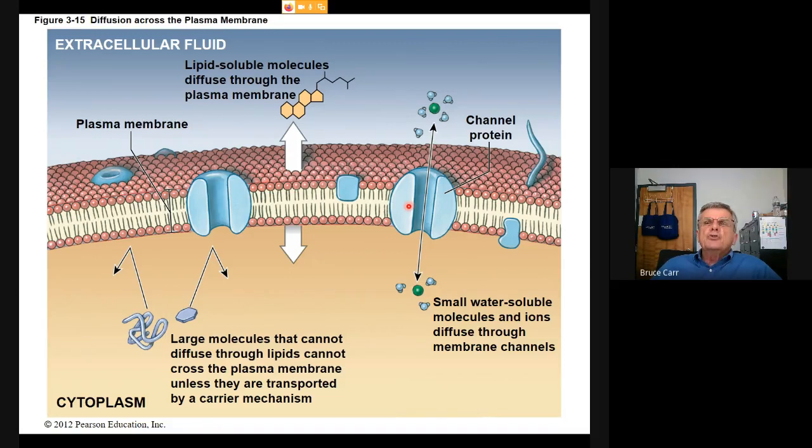So when we study nerves and nerve impulses, electrical impulses, we're going to call sodium slow leak channels and potassium slow leak channels that are open all the time and only transport the ions that I named.